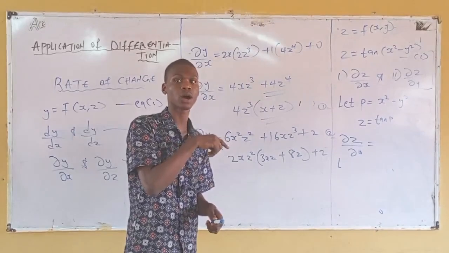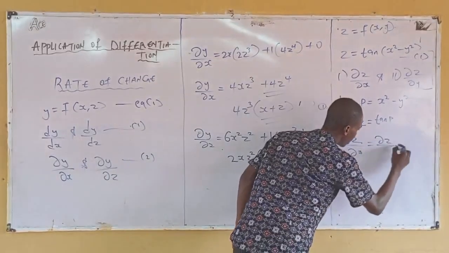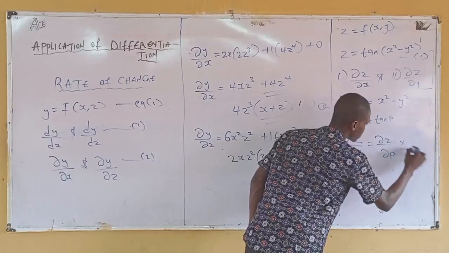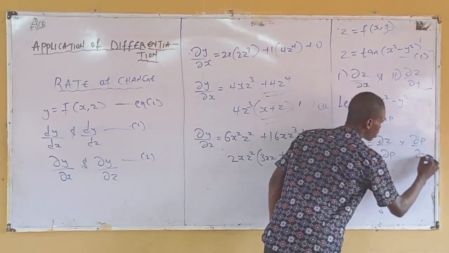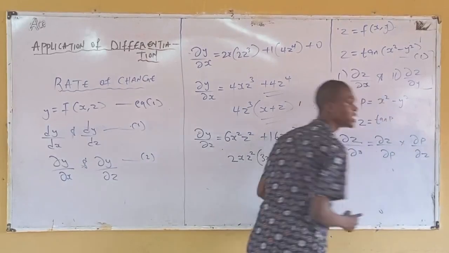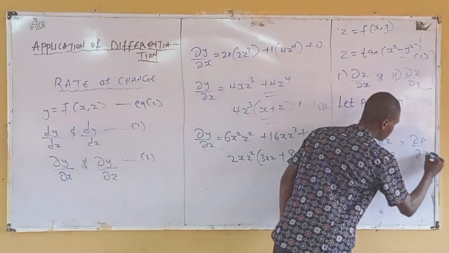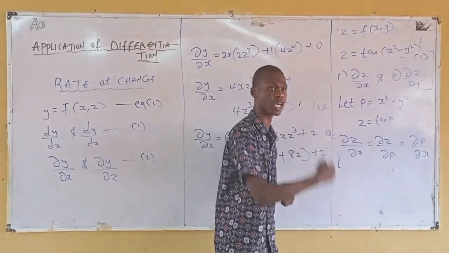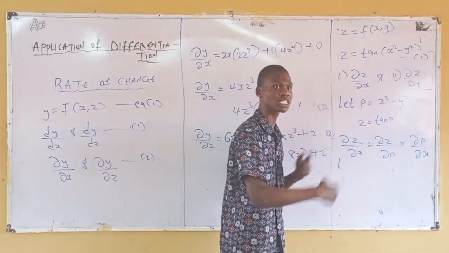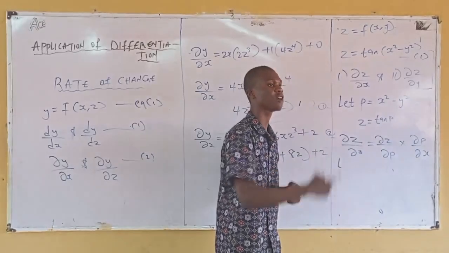That one will be the partial derivative of z with respect to P multiplied by the partial derivative of P with respect to x.